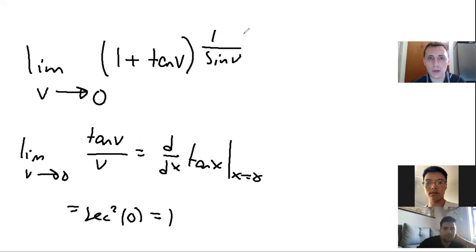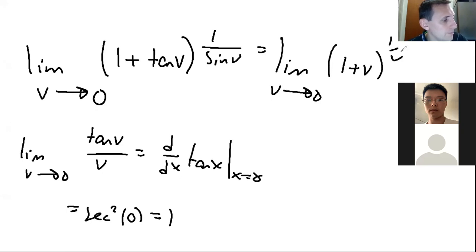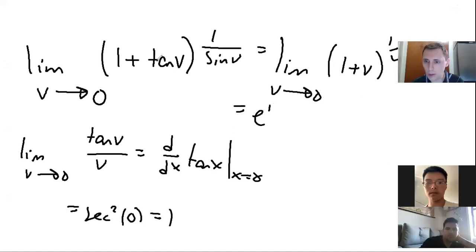So what does 1 mean? It means that numerator and denominator are the same when v is very small. That is, tangent is not doing anything to the input when the angle is very small. You barely notice. Good? So the answer is the same as limit where v goes to 0 of (1 plus v) to the 1 over v, which is e to the 1. We can do it also more slowly.